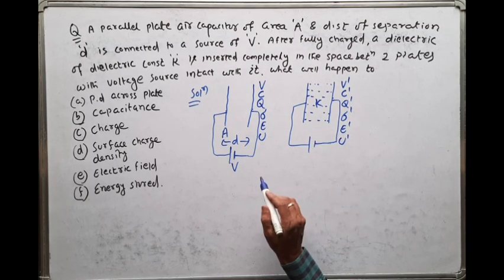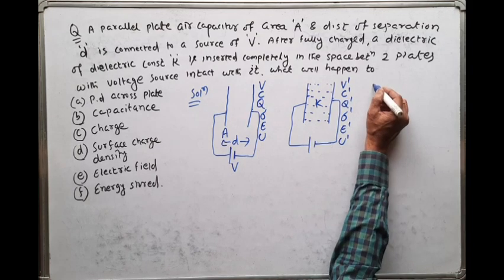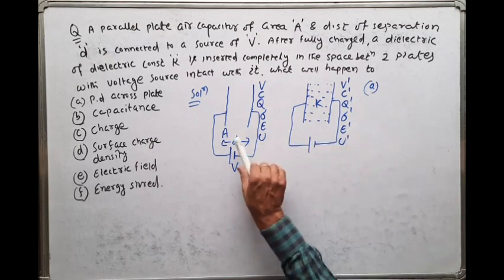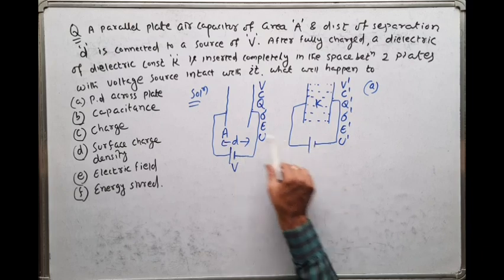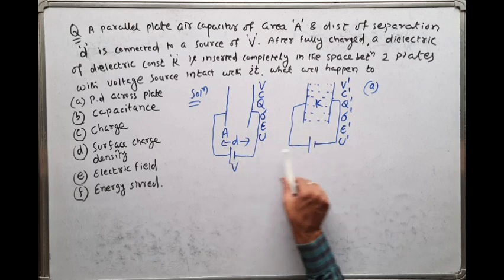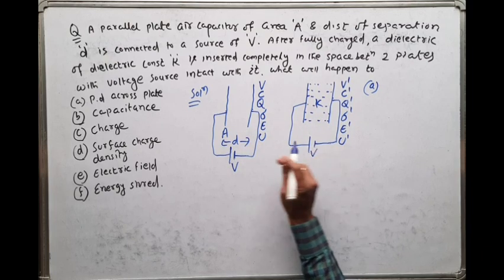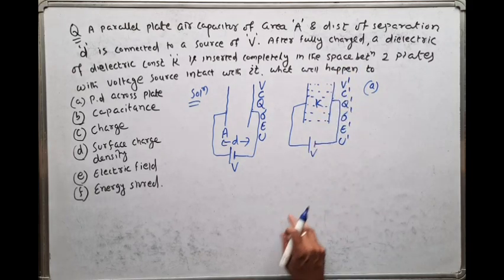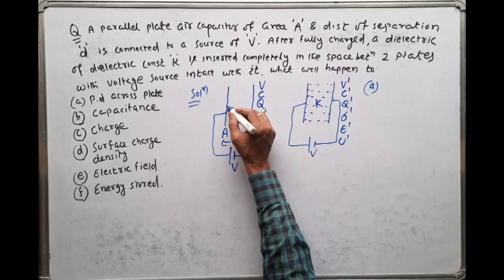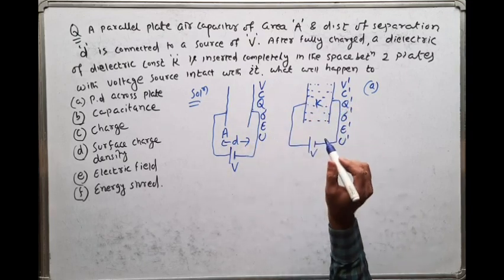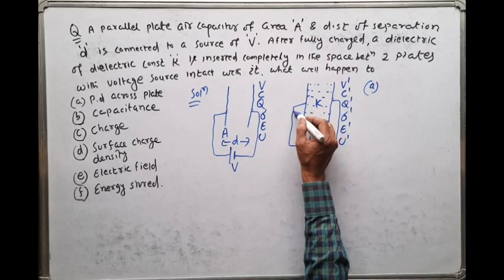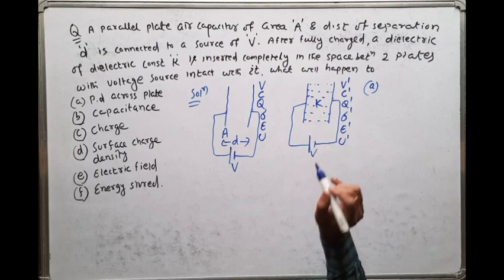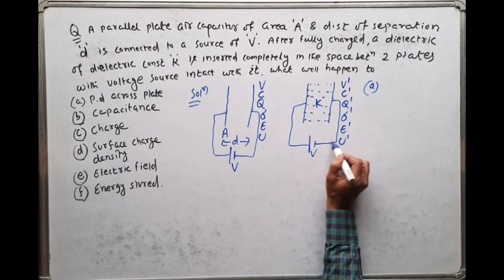Okay. So now see, first we will ensure that since the battery is already connected, we are not disconnecting the supply, only introducing the dielectric. Then what will happen? The potential difference will remain the same, because this plate is connected to the positive terminal of the battery and this plate is connected to the negative terminal.